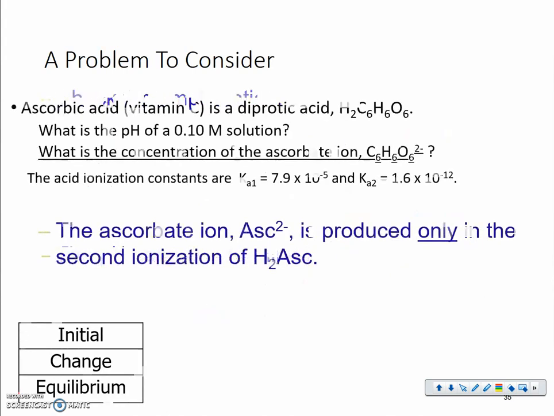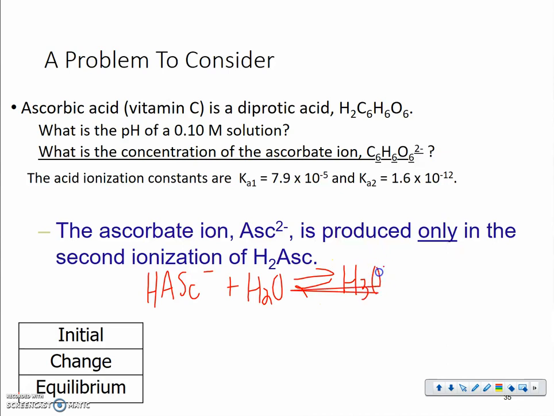The second question is how much of the ascorbic anion is formed. So if we look at the reaction that produces it, when we look at this reaction and we do the ICE box for this, our starting amounts of our HAsc and our H3O+, we have starting amounts of both of those that were determined in the first reaction.